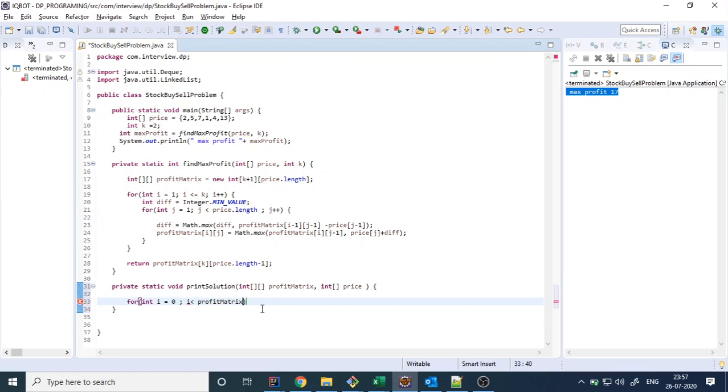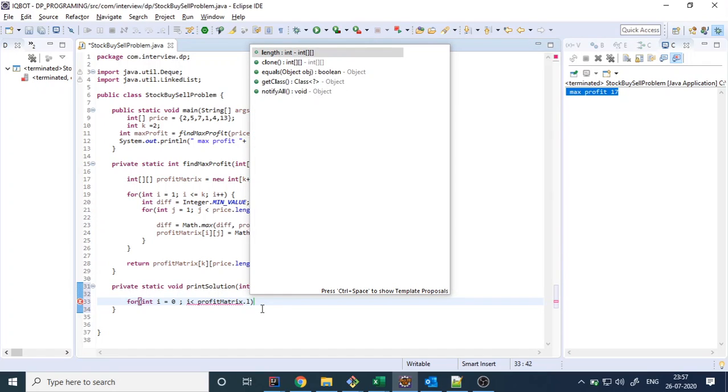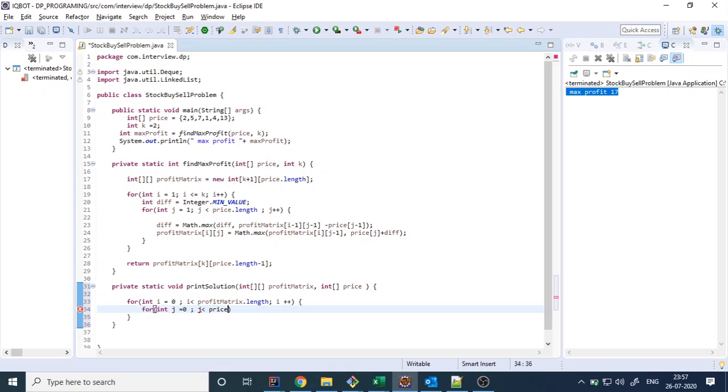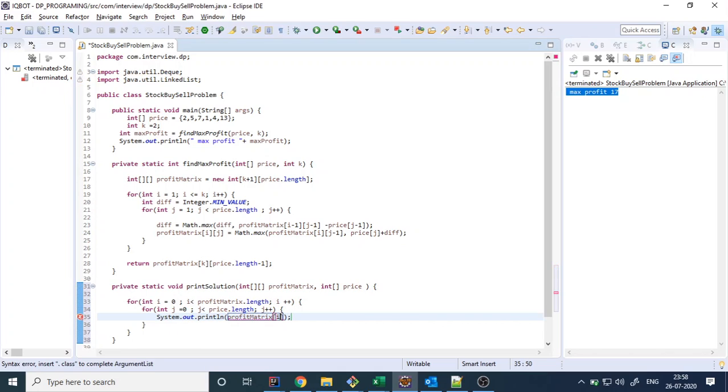So for i equal to 0, i less than profit matrix dot length, i plus plus, and for j equal to 0, j less than price dot length, right, j plus plus. So I'm giving the SYSO of profit matrix of i, j.